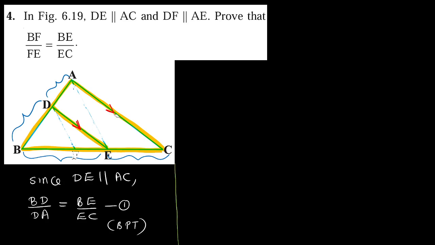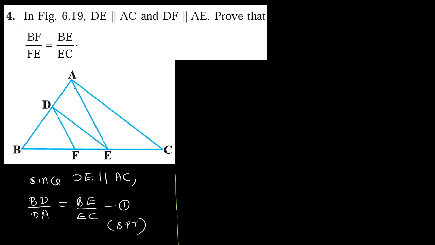Any other thing? Yes. Now this one is considered. Can I remove the highlighting? Yes. The other temporarily deleted one I will show you. Okay. Now, any other sides parallel? DF parallel to AE. All of you please listen carefully. DF. Where is DF? DF parallel to AE.